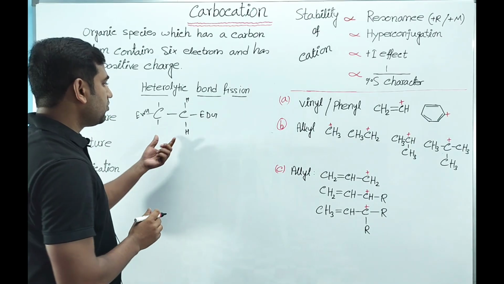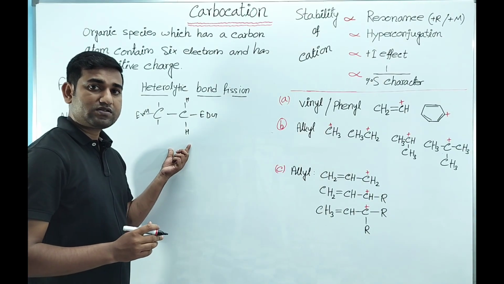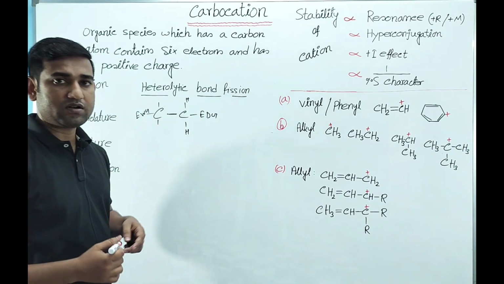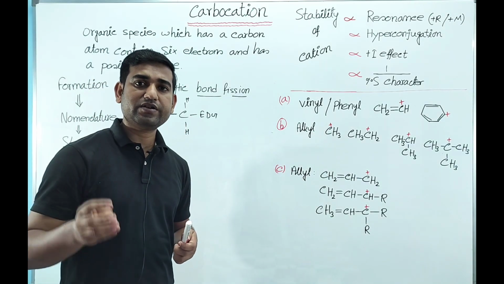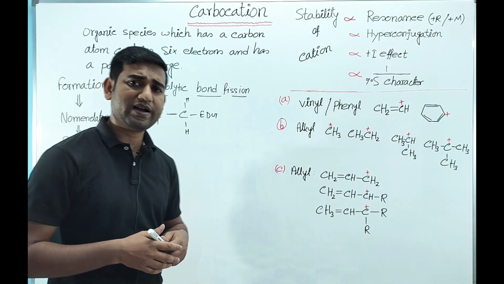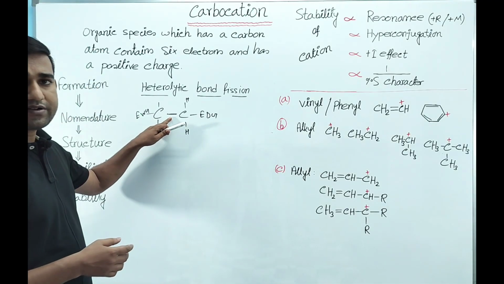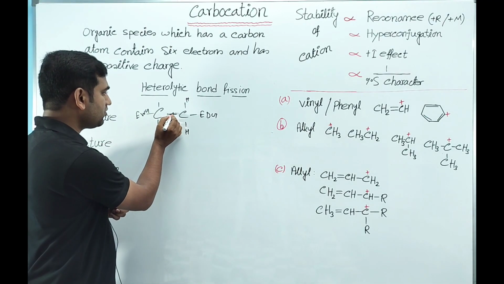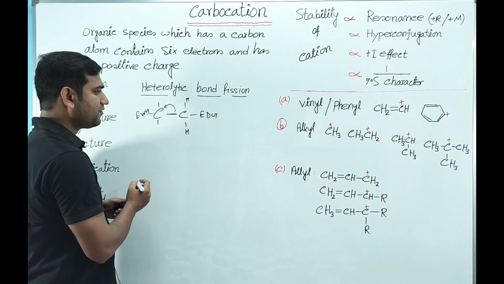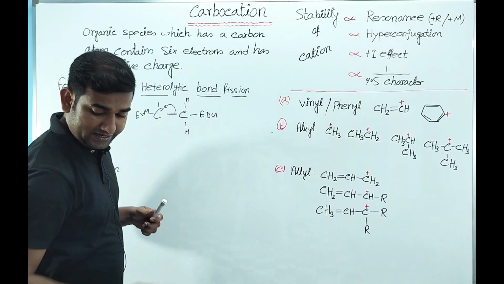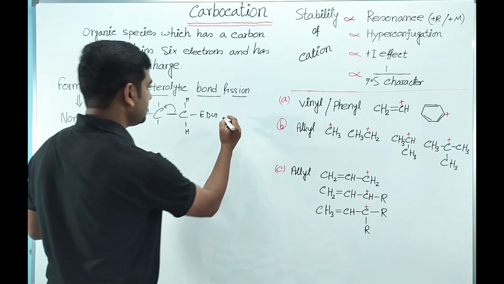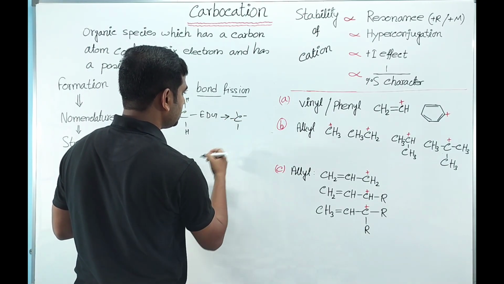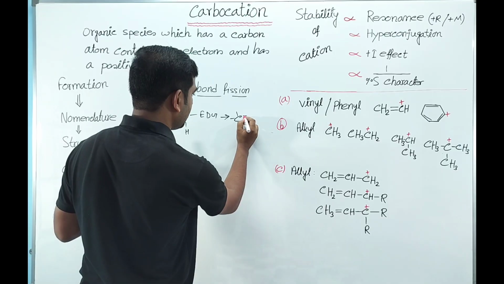So once heterolytic bond fission happens, one carbon atom, due to the reaction condition, the reagent, and the solvent, withdraws the bond pair electrons between the two atoms towards itself. Suppose this carbon withdraws towards itself and forms a negative charge, that means a carbon ion is formed.